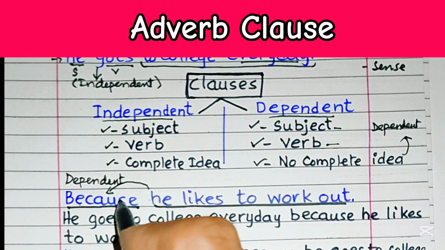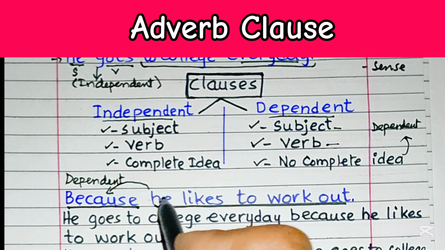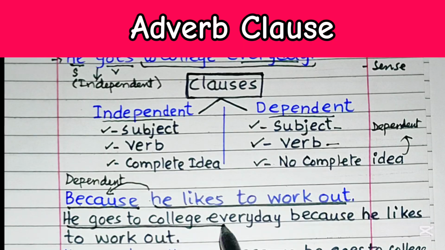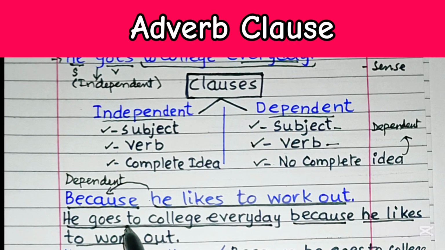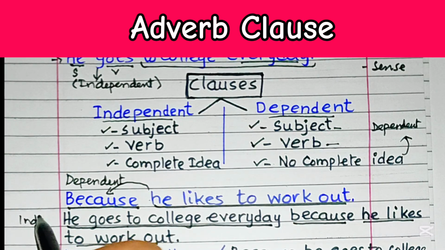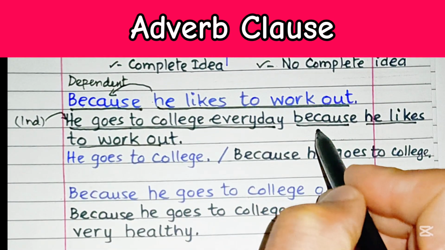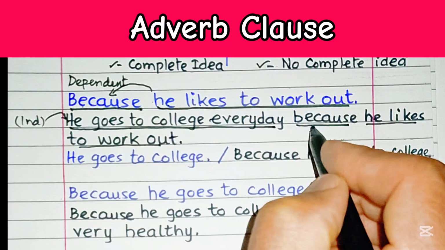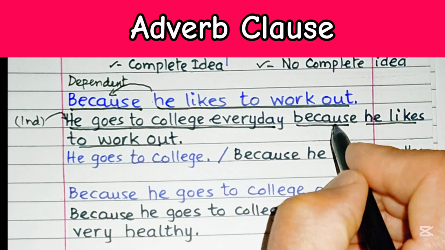But if you combine these two, we will have this sentence: he goes to college every day because he likes to work out. So this is the independent clause in the beginning, and then this is the adverb "because," or the subordinating conjunction "because" in the form of an adverb.